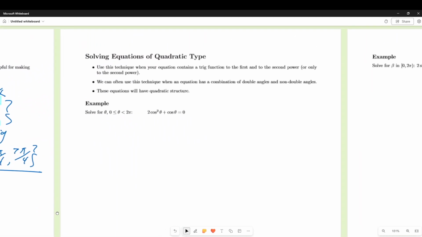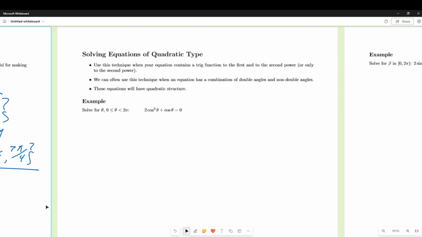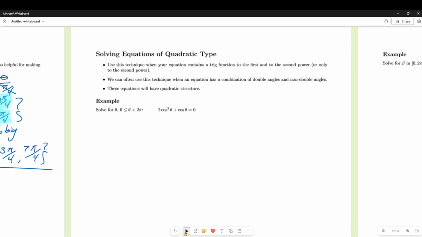Now, one of the things that's going to happen a fair amount is that we're going to end up in situations where we might think Pythagorean identity, and reasonably so, because this is a squared trigonometric function. But because we have cosine squared and cosine, dealing with this as if it was just a quadratic in terms of x or u or something else is going to be handy.